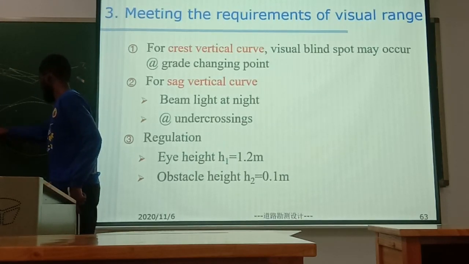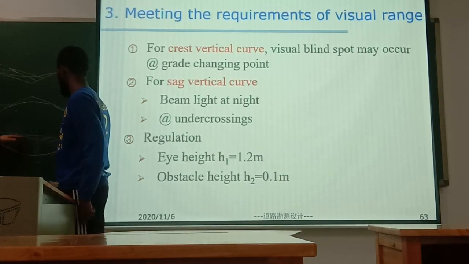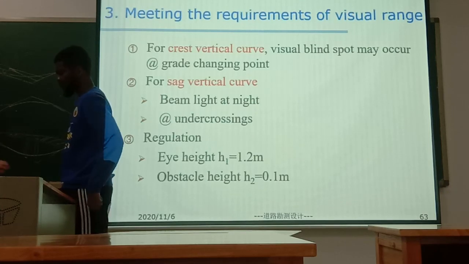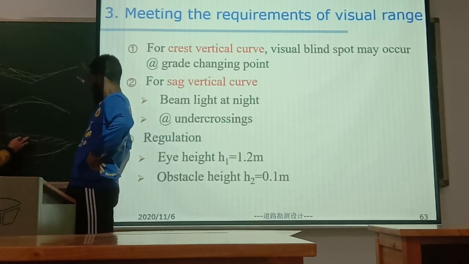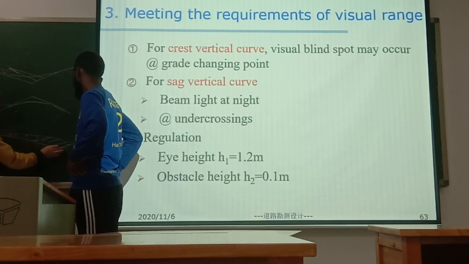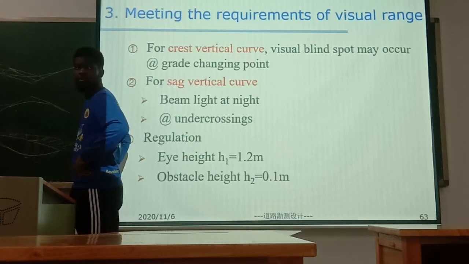This is the beam of the bridge. The beam of the bridge will block the side, so the driver cannot see this area. It's not safe.